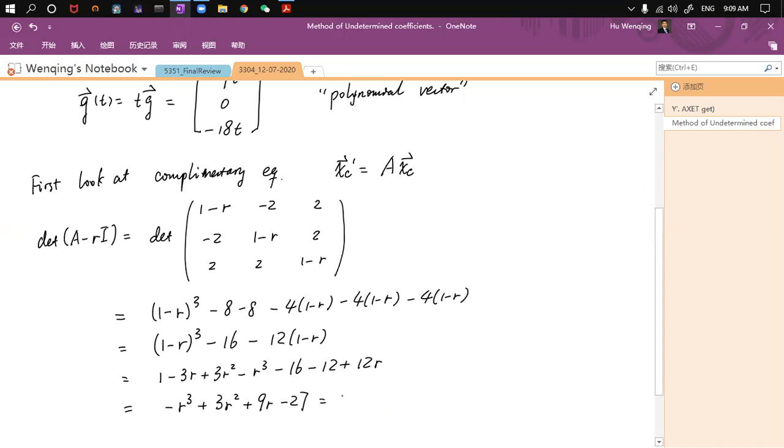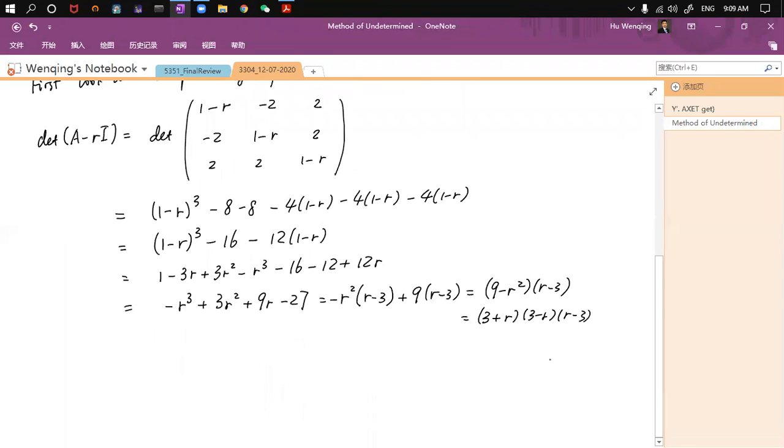Now this is R squared, so you can factor minus R squared out. It's R minus 3, and then plus 9 times R minus 3. So that's 9 minus R squared multiplied by R minus 3. So you're going to have 3 plus R multiplied by 3 minus R, so 3 minus R multiplied by R minus 3.